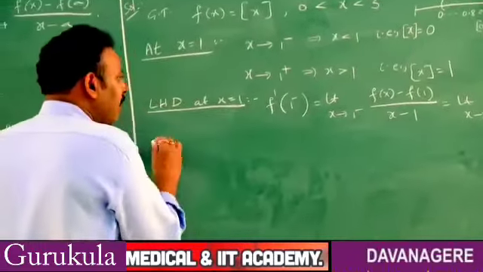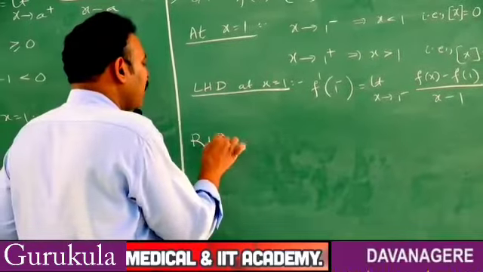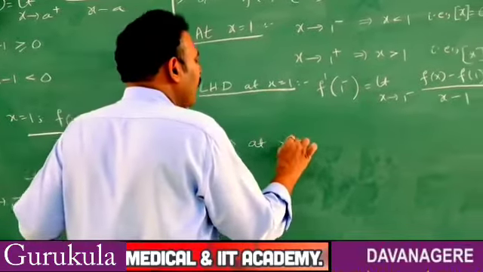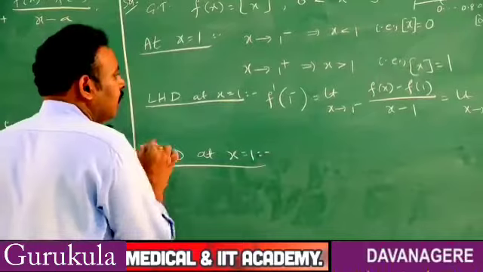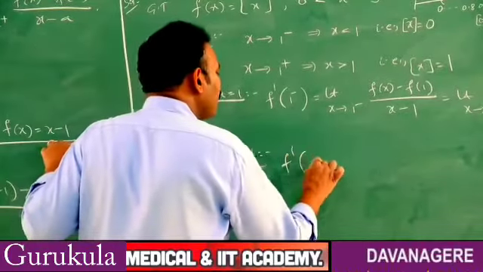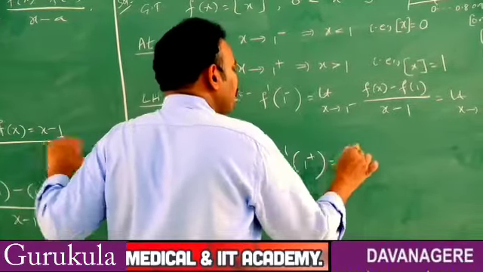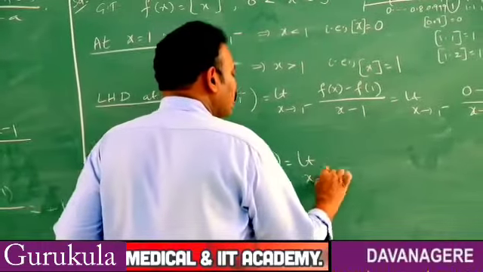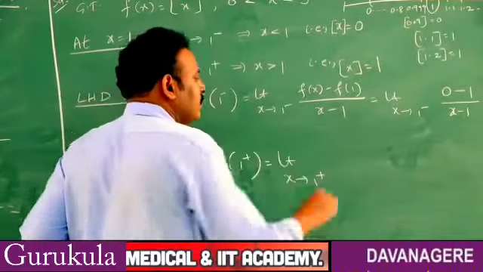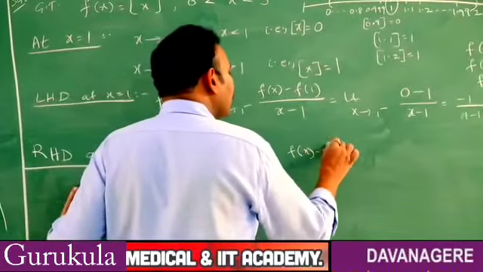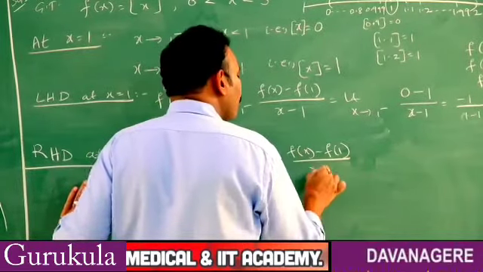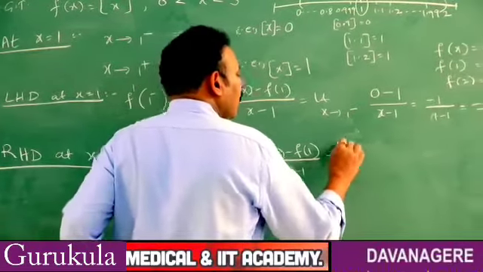Now, you can write the right hand derivative at x is equal to 1. F dash of 1 plus is limit x tends to 1 plus of f of x minus f of 1 by x minus 1.